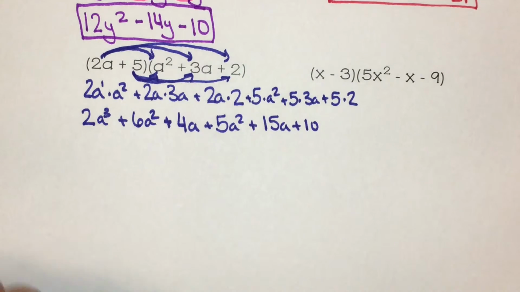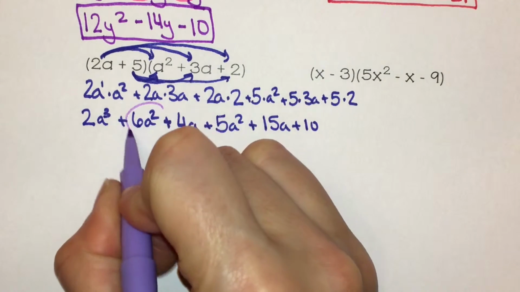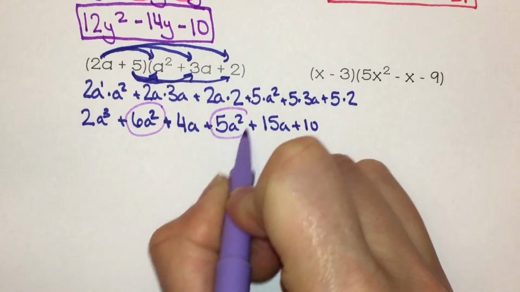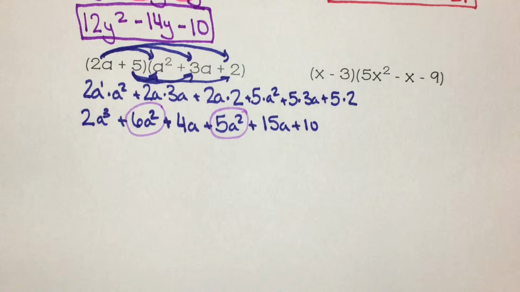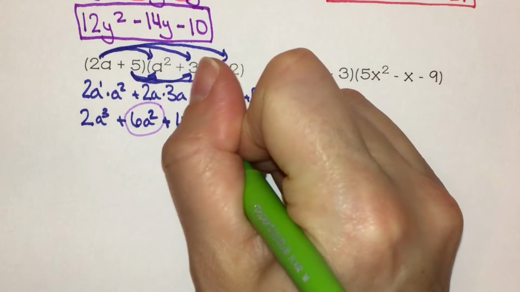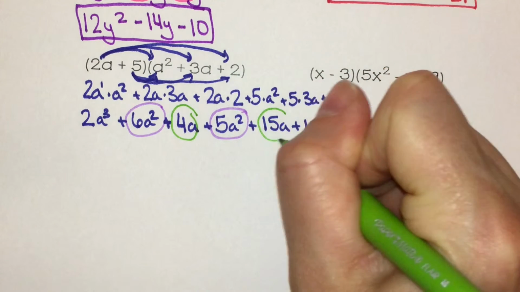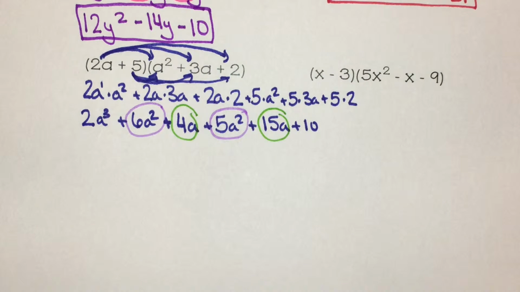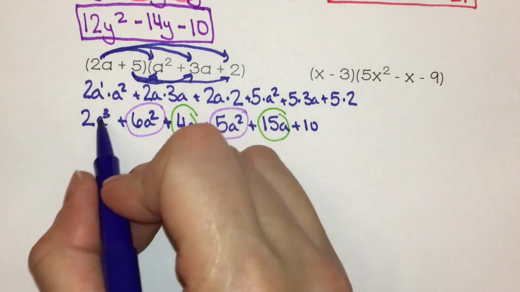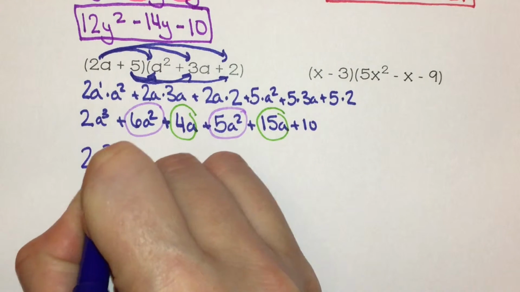Now combining like terms. We have 6a squared that we can combine with 5a squared, but we also have 4a that can be combined with 15a. I'm going to start with my largest degree, 2a cubed.